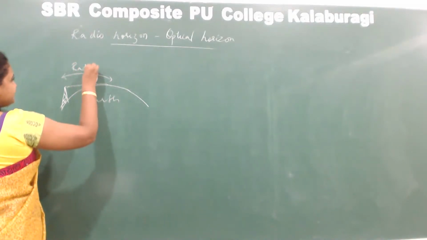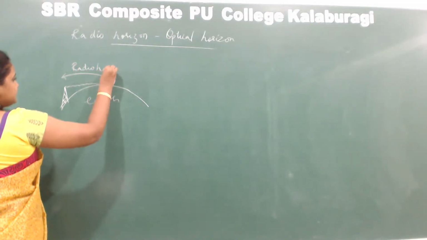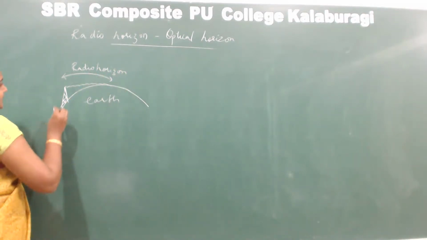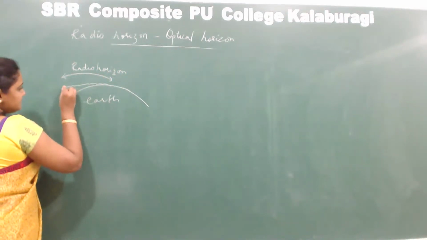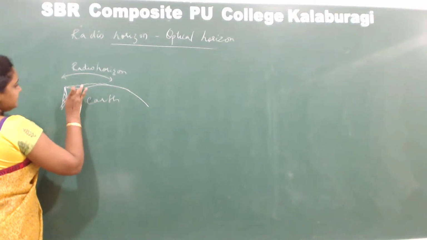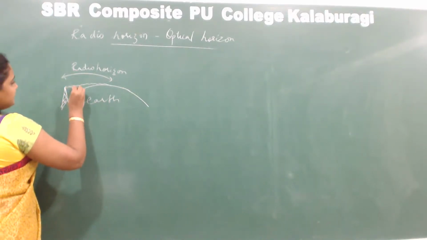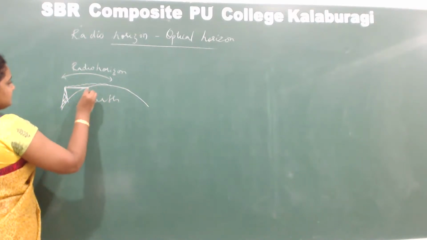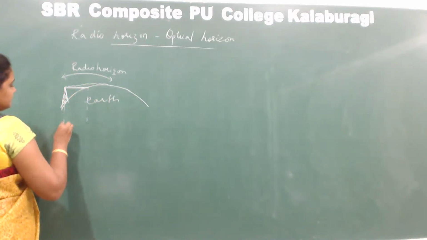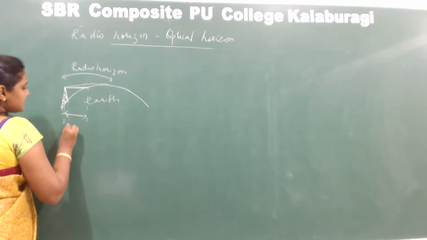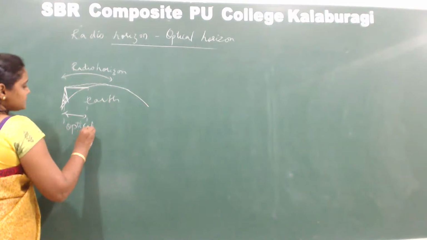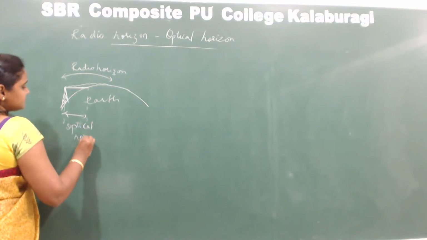Radio horizon. But the line of sight, otherwise what the eyes can observe, otherwise see, is up to this point. This much is called optical. This is called what? Optical horizon.